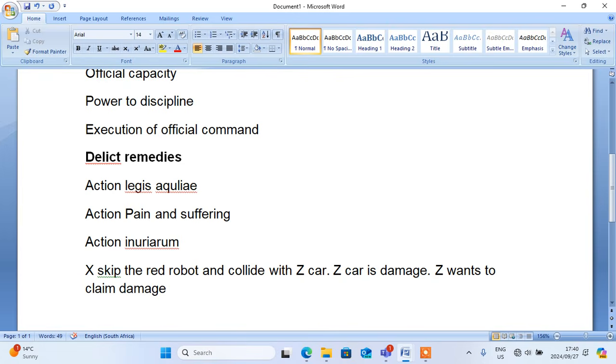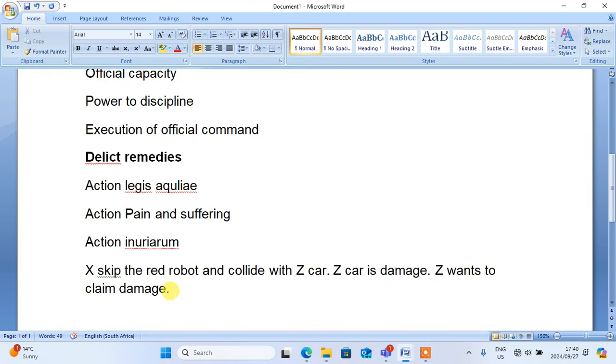So the question: if X skips the red robot and collides with Z's car, it means that Z's car is damaged, right? Therefore, when Z's car is damaged, Z will want to claim damages, right?